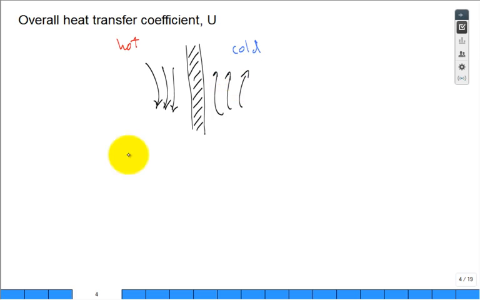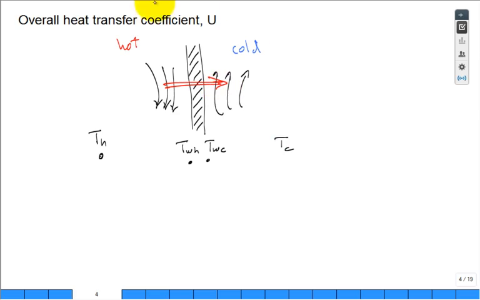So we already know how to model this. We'd say, give me the hot fluid temperature, and then give me the temperature of the wall on the hot side, give me the temperature of the wall surface on the cold side, and then the temperature of the cold fluid at that location where the transfer of heat is going through the system.